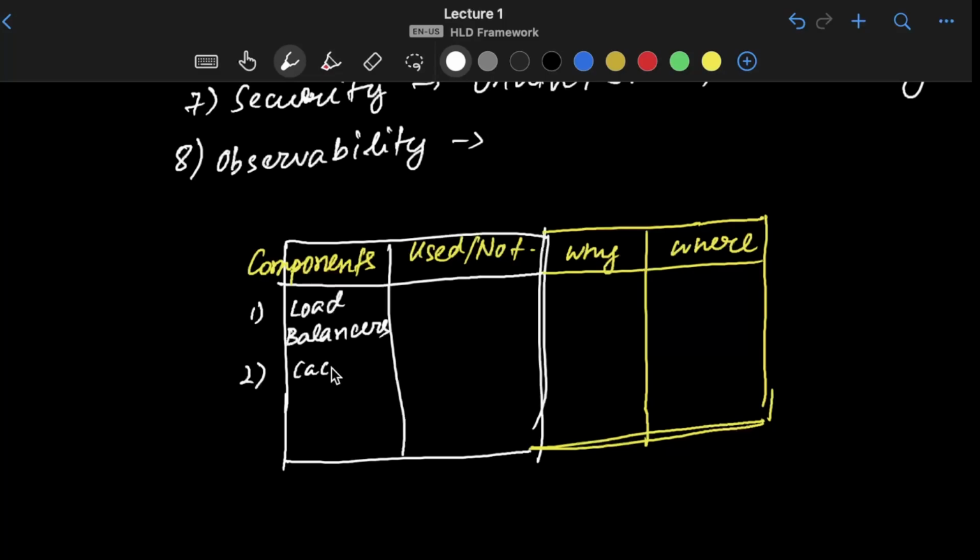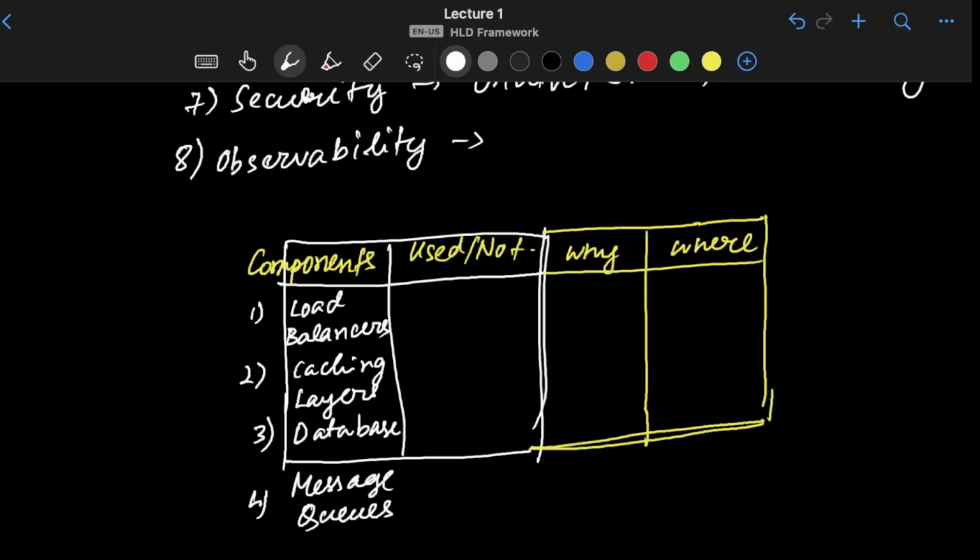Then we have the caching layers, which is just whatever I discussed in the earlier part formulated into a table. Then we have the message queues, then the CDNs, then the API gateways, and finally the observability, that is the monitoring and logging.